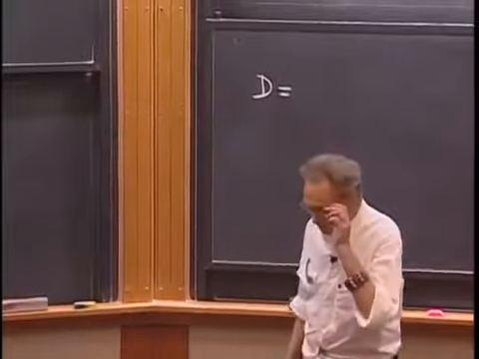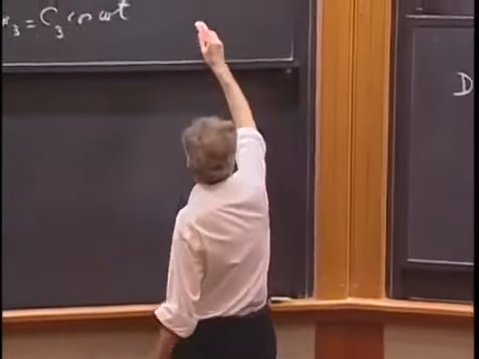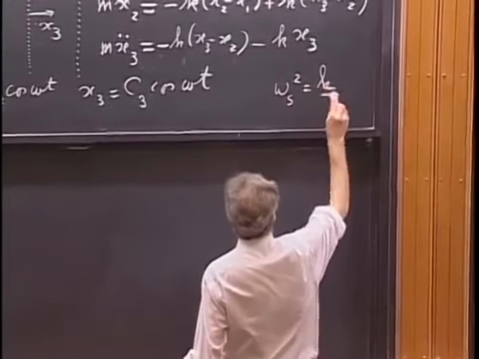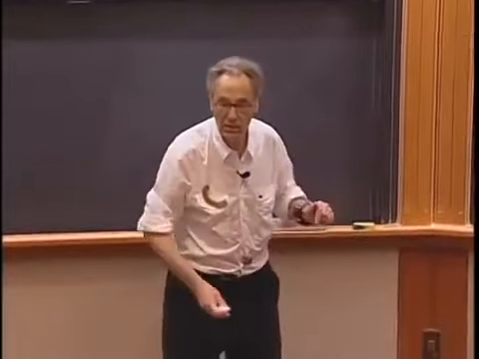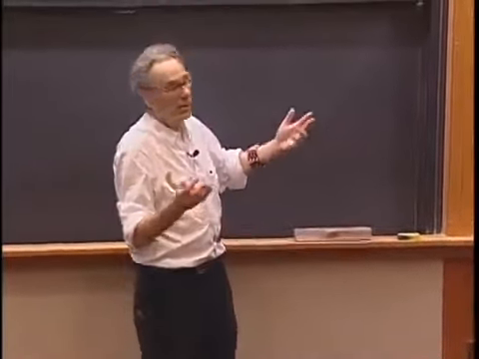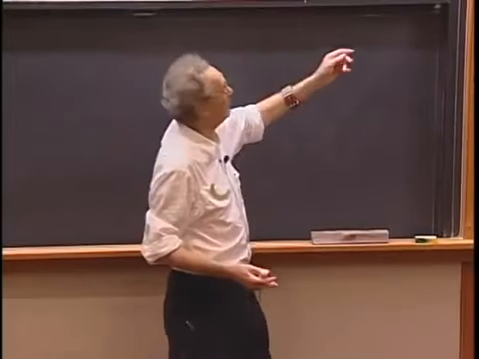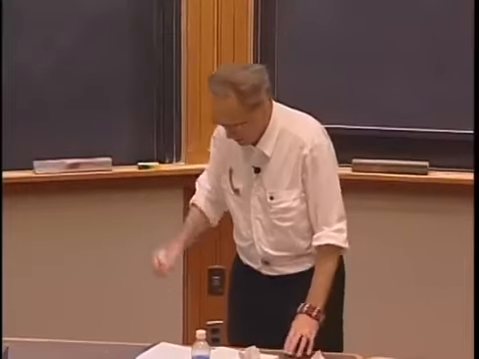And so the D is going to be, so you have to divide by m, you have to also use omega s squared, k over m, shorthand notation. Some of you may want to call it omega 0, that's fine, because there's only one. There are only springs, there are no pendulums and springs, but I still call it an S to remind you that it is the resonance frequency of a single spring.